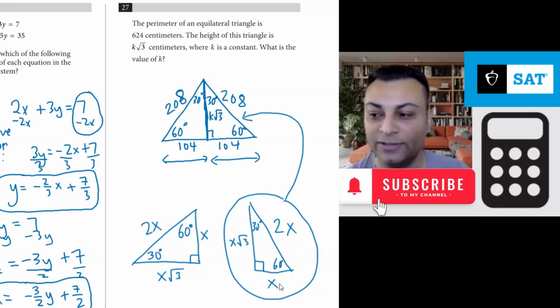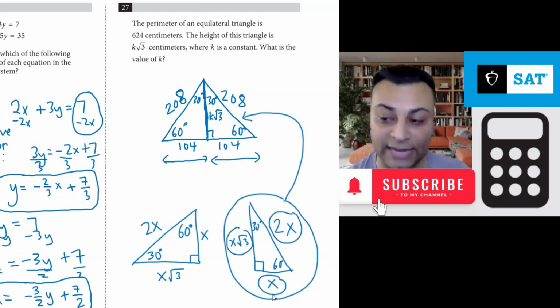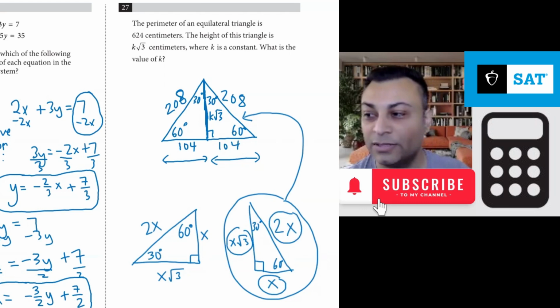And so what we have here is a case of, well, whatever this is, this has to be double of that, and this has to be that number times root 3. So if x were 104, let's clear some stuff out.